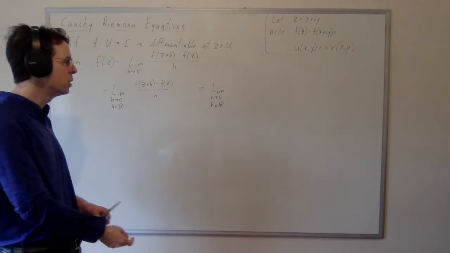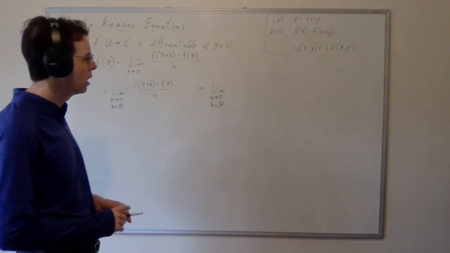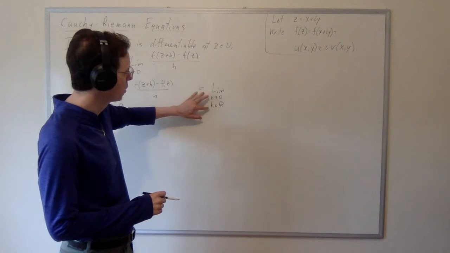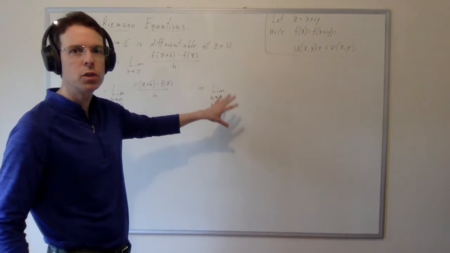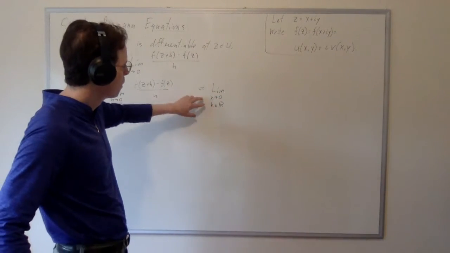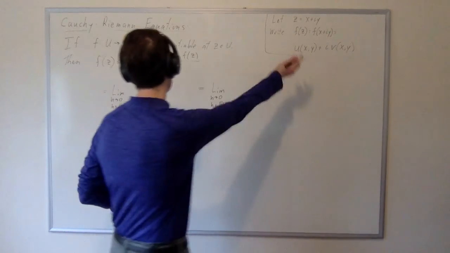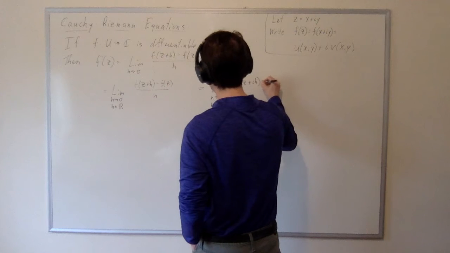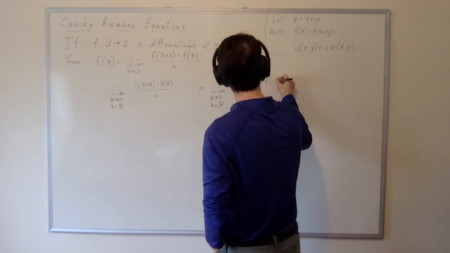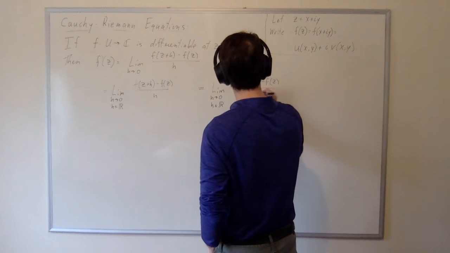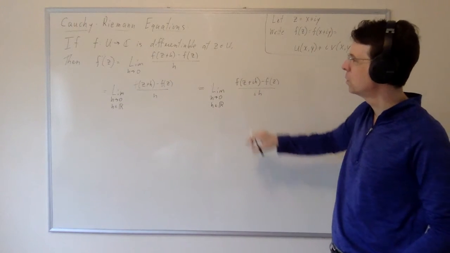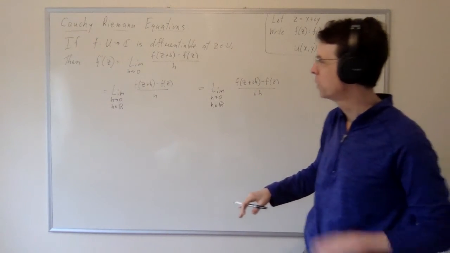Really, what I want to do here is imagine taking imaginary h, but instead of letting h be literally imaginary, I'm going to use ih instead of h in the formula where h is real. So here we get the limit of f of z plus ih minus f of z divided by ih. And notice that the i here is a constant, which we will soon be able to factor out.